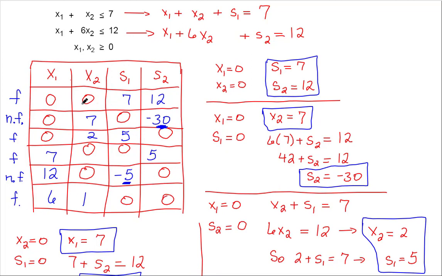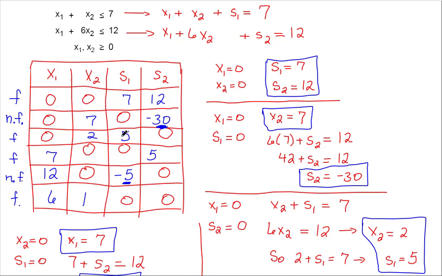So we go step by step. First two are 0. That means all of this junk is 0. s1 and s2 are 7 and 12. Now x1, s1 are 0. So this is 0, this is 0, x2 is 7, and I can plug that in to figure out s2.